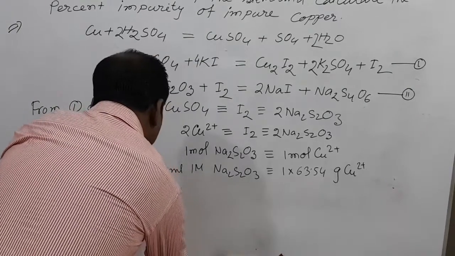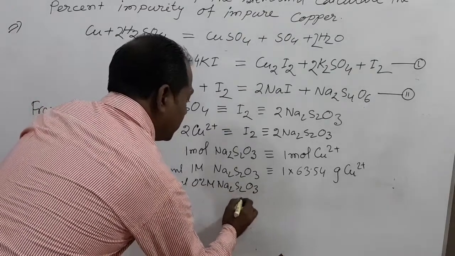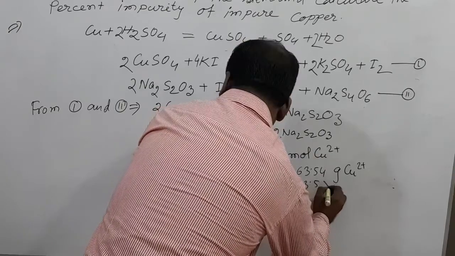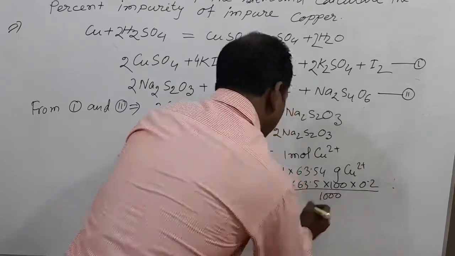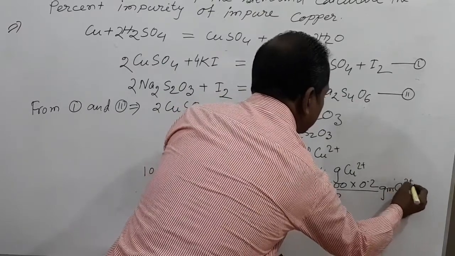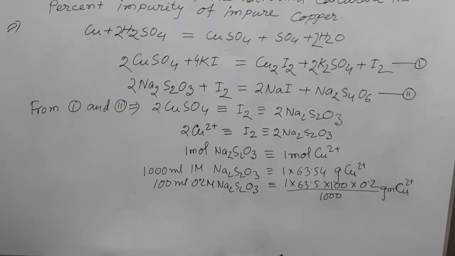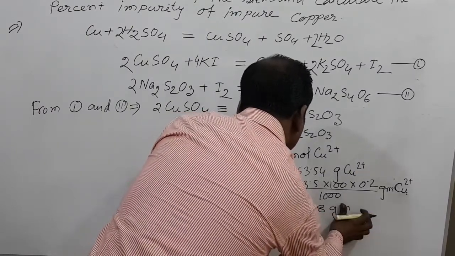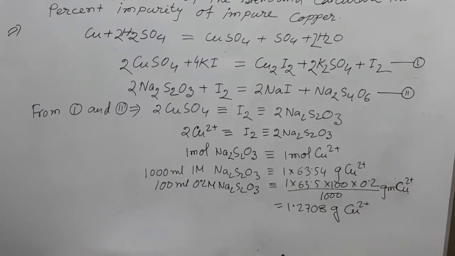So we write 100 ml 0.2 molar sodium thiosulfate Na2S2O3 is equivalent to 1 into 63.5 into 100 into 0.2 divided by 1000 gram copper 2+, and our answer is 1.2708 gram copper 2+.